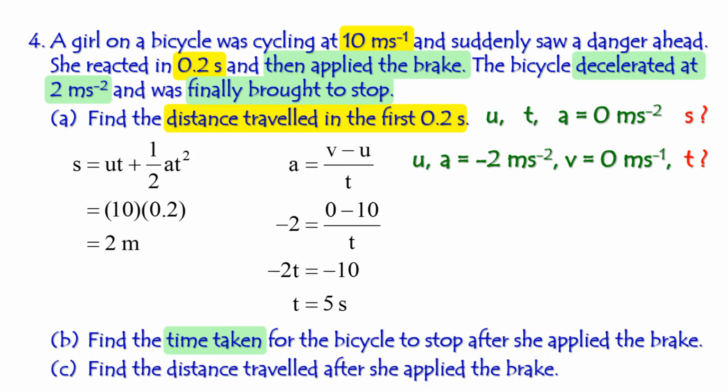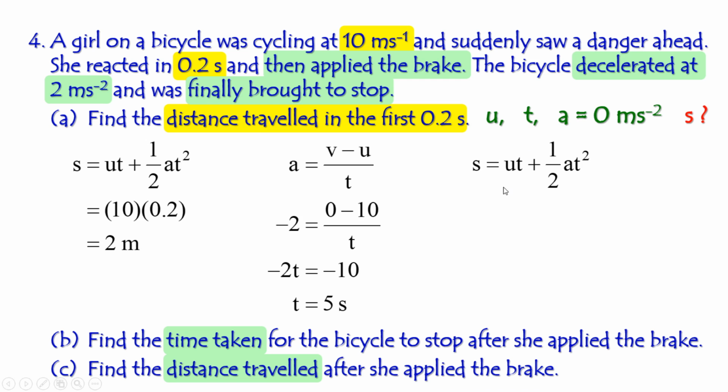Okay, these are the questions. There's the last one. You have to find out the distance travelled after she applies the brake, the green part again. So it is the only equation you have to find out the distance travelled. I guess you have so many data from part A and part B, so you can get the answer.